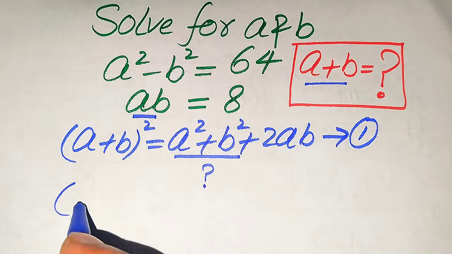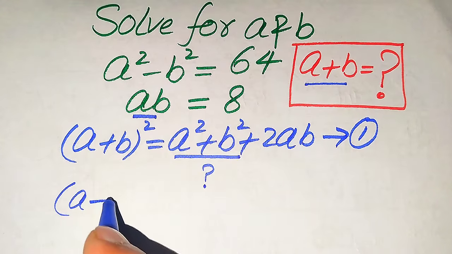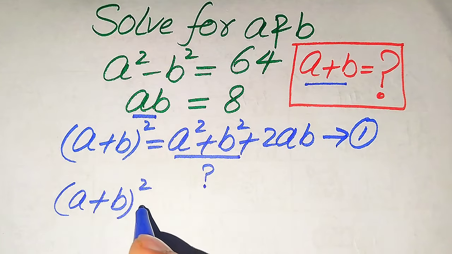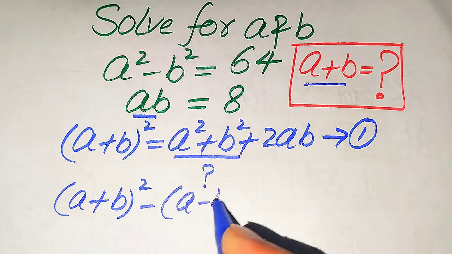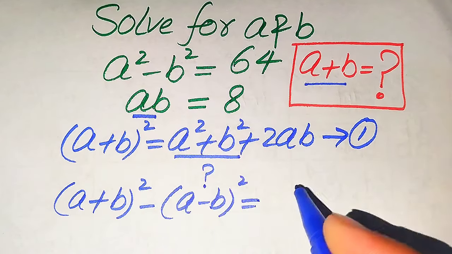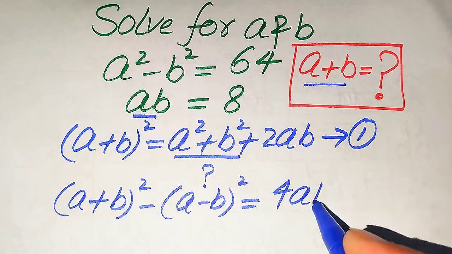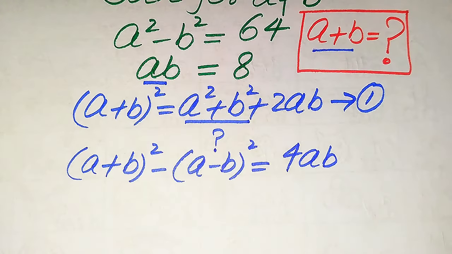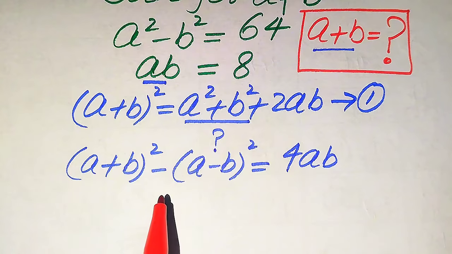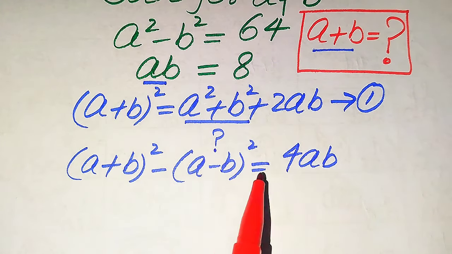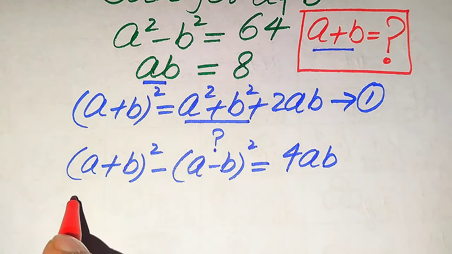You know about that. If we have (a plus b) whole square minus (a minus b) whole square equals 4 times ab. Here we need this nice formula, but we write it in the form of a square and b square.